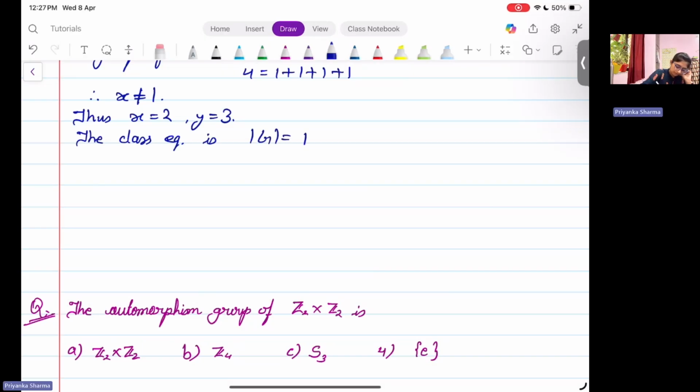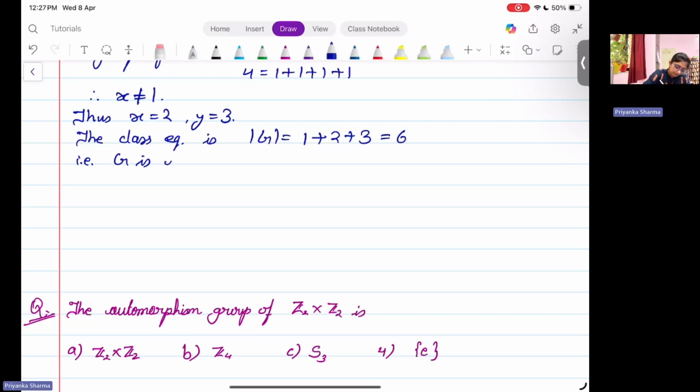The order of G is 1 plus X plus Y, which sums to 3. That is, we have a group of order 6, and all the conjugacy classes are not of order 1, so this will be non-abelian.